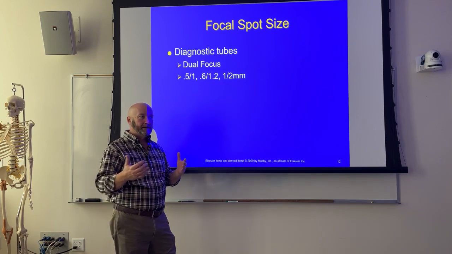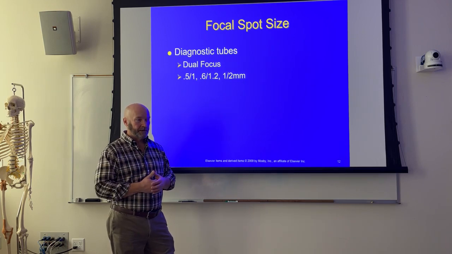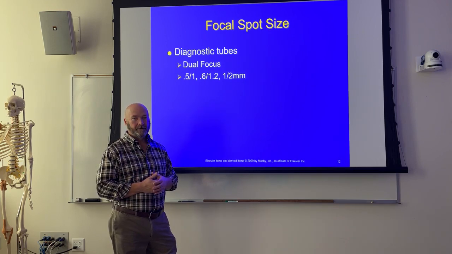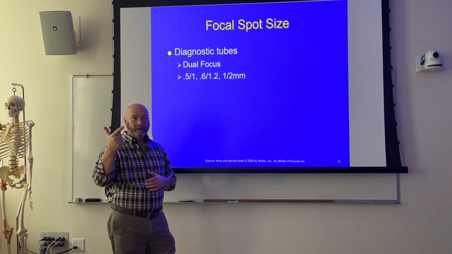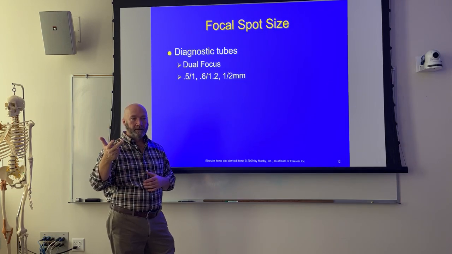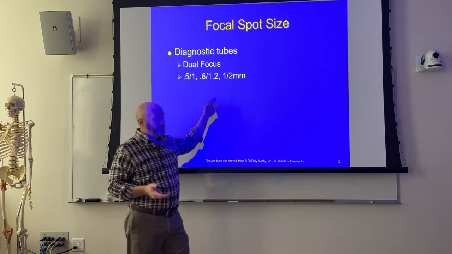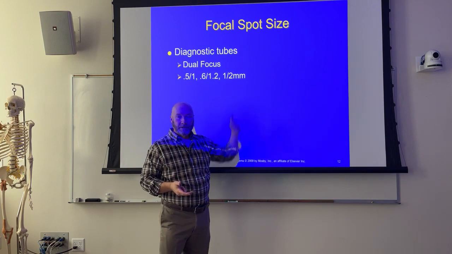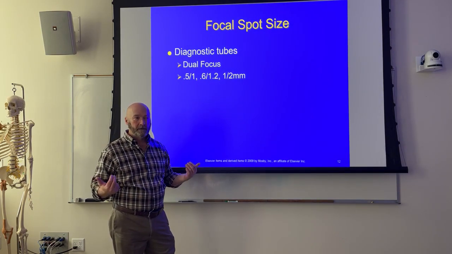Should there be any difference in tube output? What controls tube output? What are your prime exposure factors? MA is 1. Time? kVp. Right. So if your kVp, your MA, and your time remain the same whenever you change focal spot size, should the output of the X-ray tube change? No, it should not.